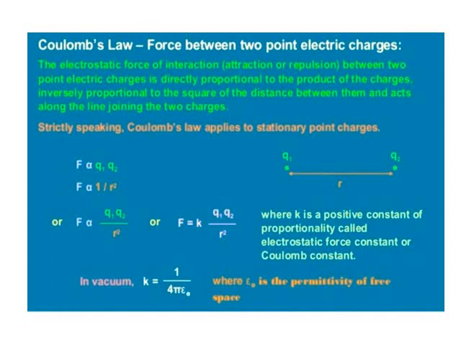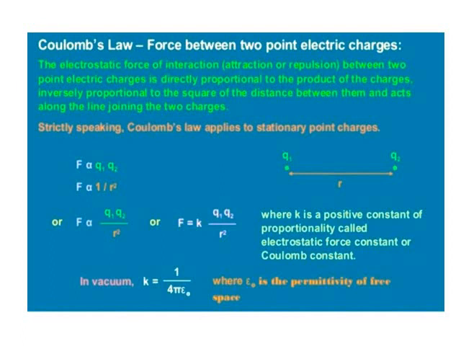By removing the proportionality sign, you will get a constant K. It is a positive constant and is known as the electrostatic force constant. The value of K depends upon the nature of the medium between the two charges and the system of units chosen.